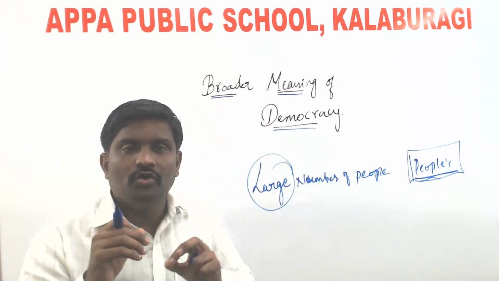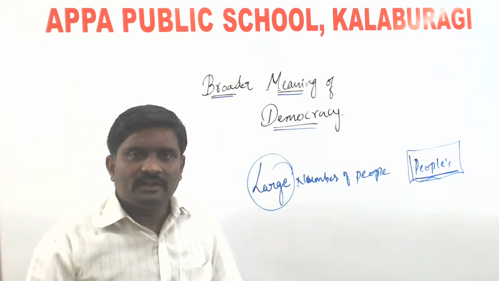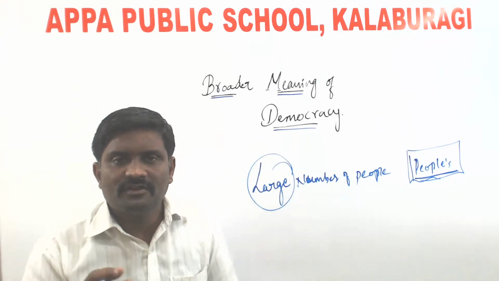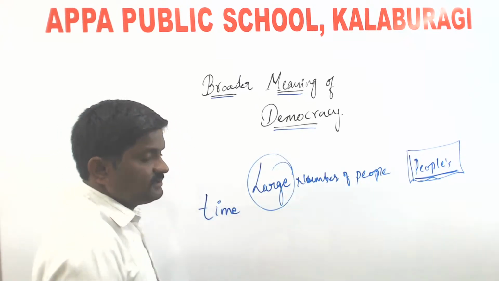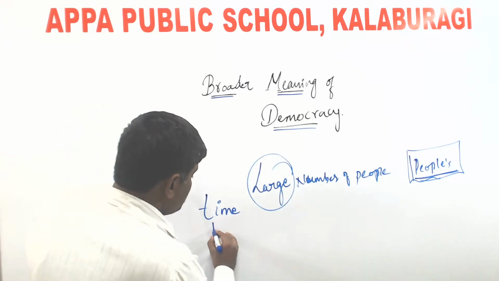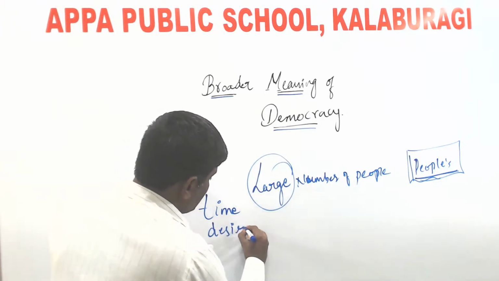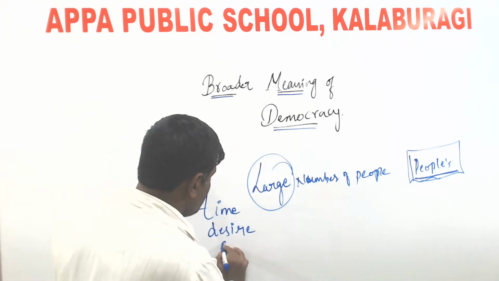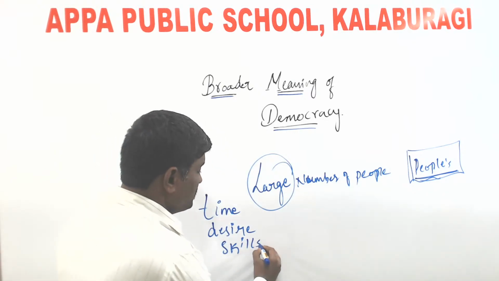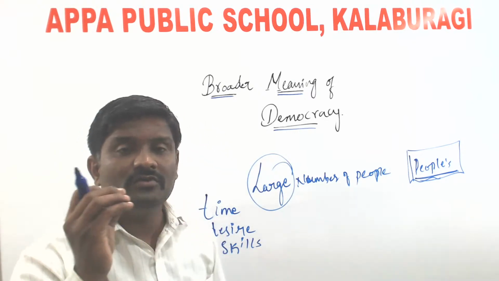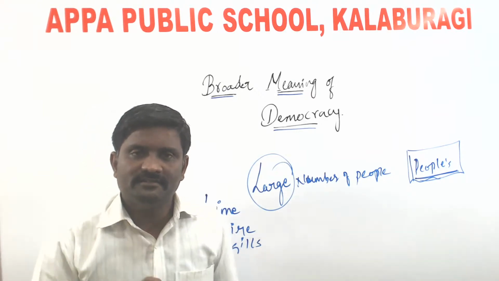Even if they could, the citizens do not have the time, the citizens do not have the desire, and the citizens do not have the skills to take part in all the major decisions.